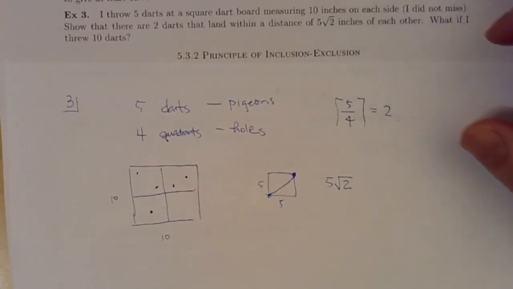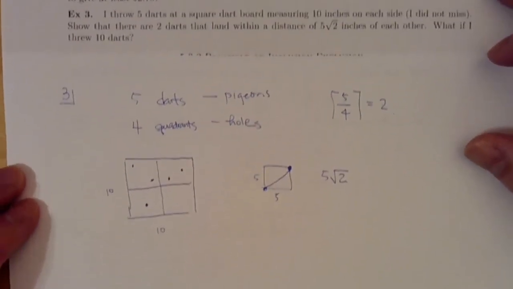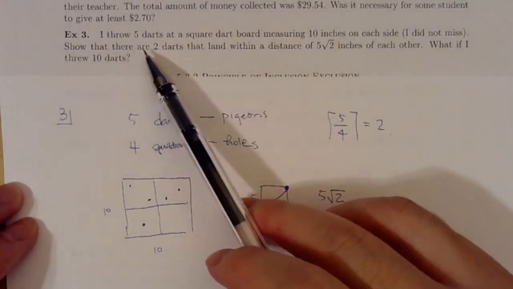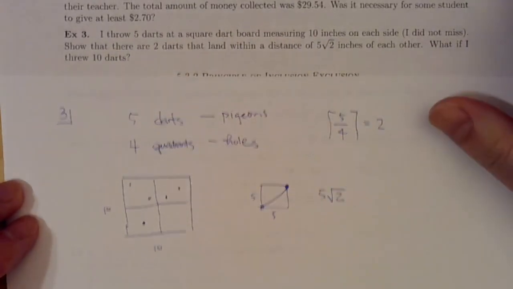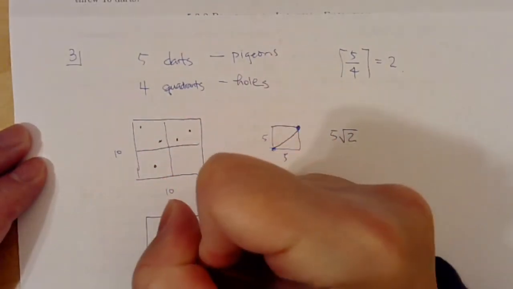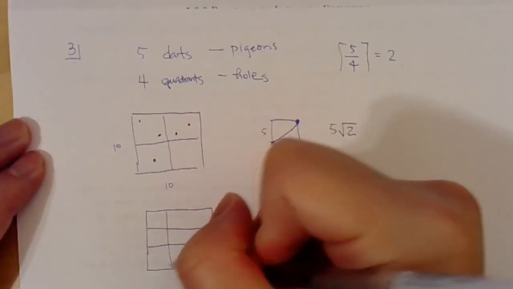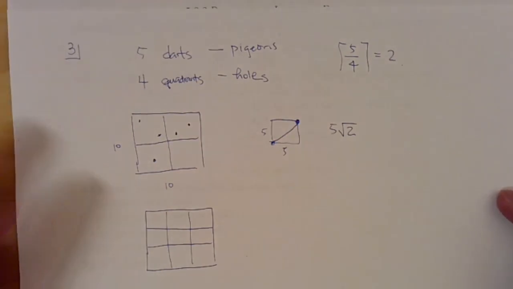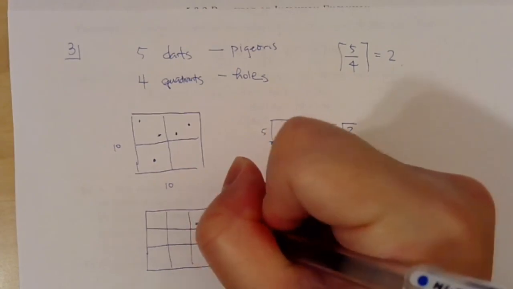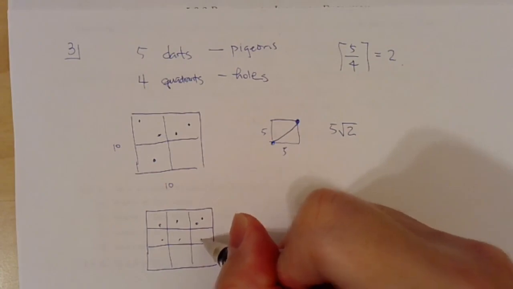And so if you go back to the 10 darts example, then I think you know how to divide that board up. This was a very tricky question because I thought 5 and 10 would make you think that's double. But really, if you have 10 darts, then you want 9 holes. And so what you would do is divide the board into a 3 by 3 grid. And then when you put in 10 darts, at least 2 of them would be in the same box.